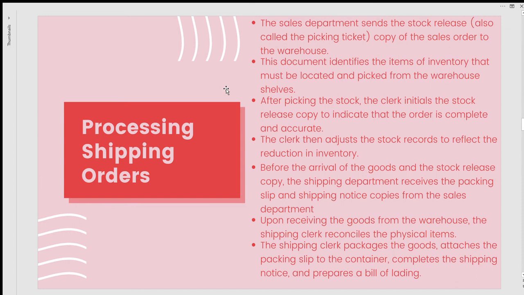I already explained that one and also this one. So the clerk then adjusts the stock records to reflect the reduction in inventory. Ayun, pretty simple. So, yung clerk, i-adjust yung stock records para reflect yung reduction sa inventory.